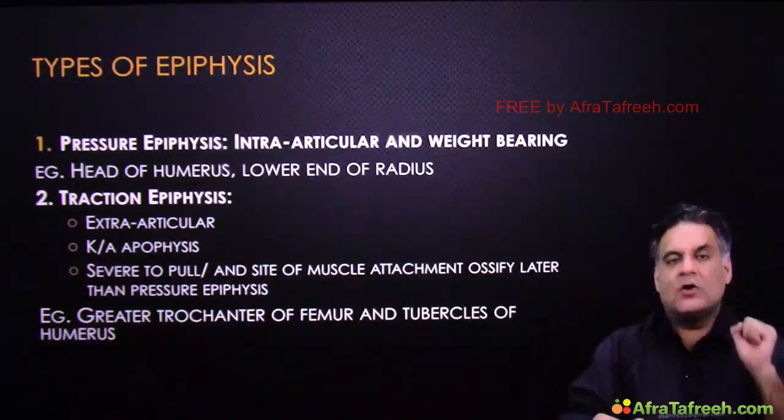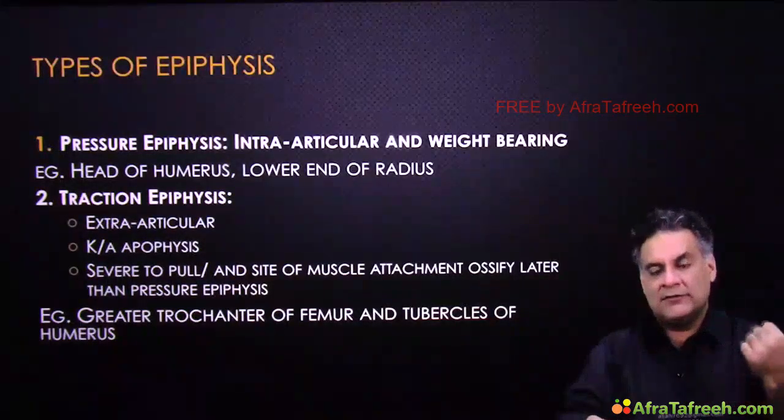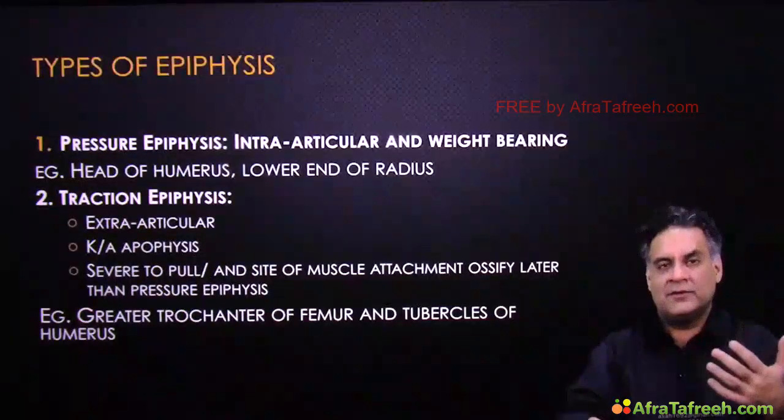Traction epiphyses, also called apophyses, are extra-articular: trochanters of femur, tuberosities of humerus.